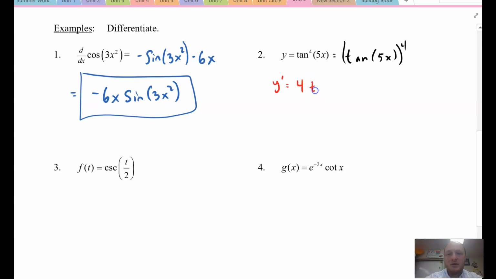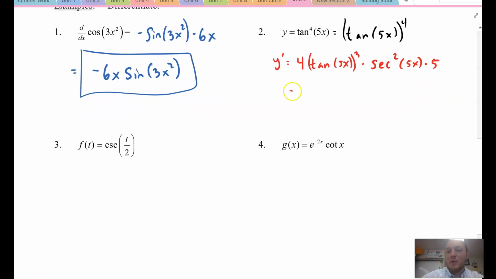times tangent of 5x cubed. Okay, now I have to do the derivative of the inside, right? And the derivative of tangent is secant squared of 5x times the derivative, again, of our angle, which is 5.